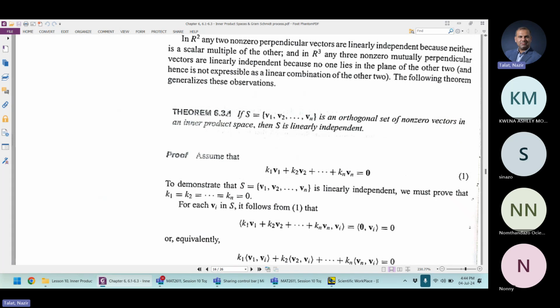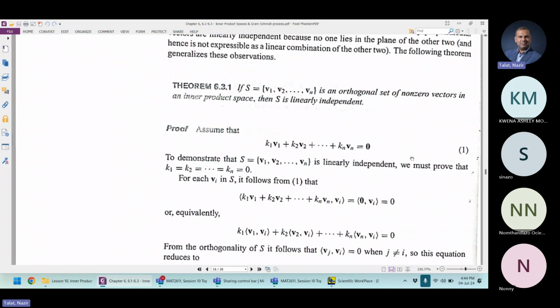So look, if we have a set S = {V1, V2, up to Vn} which is an orthogonal set of non-zero vectors in an inner product space, then this set S is linearly independent. So we can check that since these are an orthonormal set, the orthonormal set will always be linearly independent.